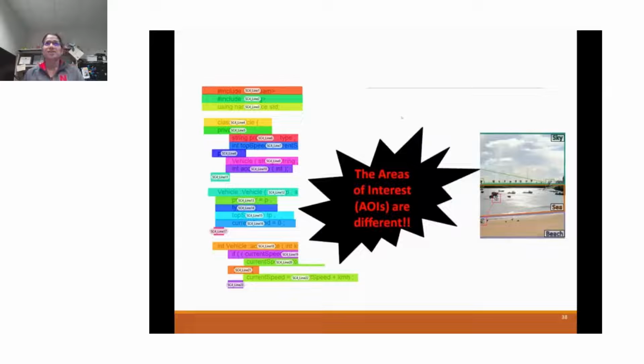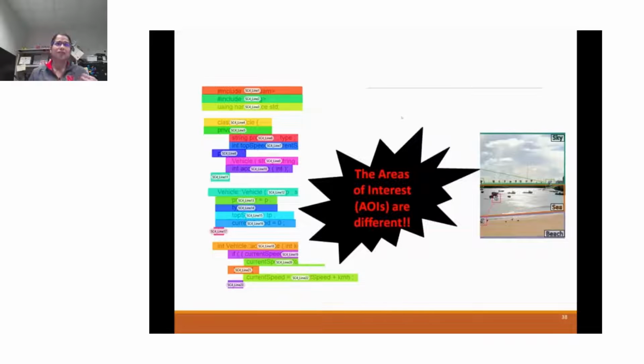So even in psychology, when they use videos like the one on the right, you see that there's a beach, a sea, a sky. They're still broad enough that they are relatively in the same place. So you can use keyframing to actually determine where an object has moved. And the software does that for you. The point is that the areas of interest are very different.